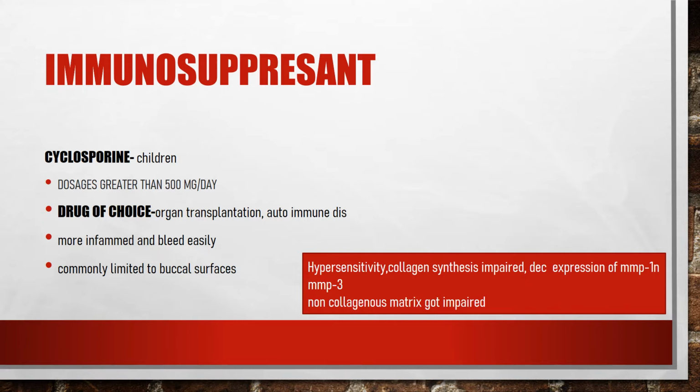The main causative factors are hypersensitivity and collagen synthesis impairment, decreased expression of matrix metalloproteinases 1 and 3, that is MMP1 and MMP3, and the non-collagenous matrix gets impaired. These are the main reasons behind this drug-induced gingival enlargement.